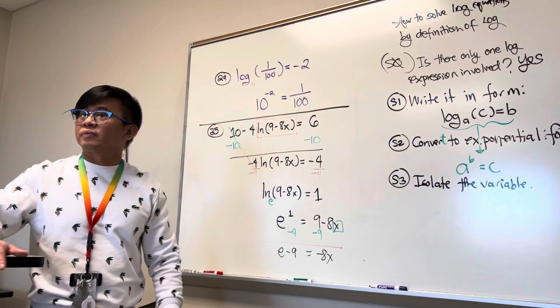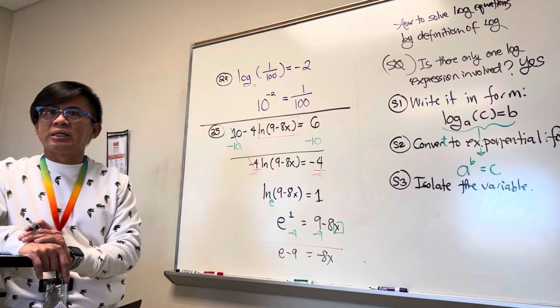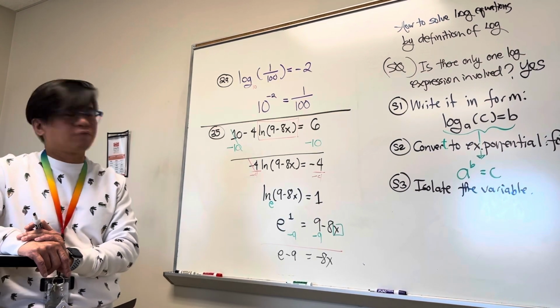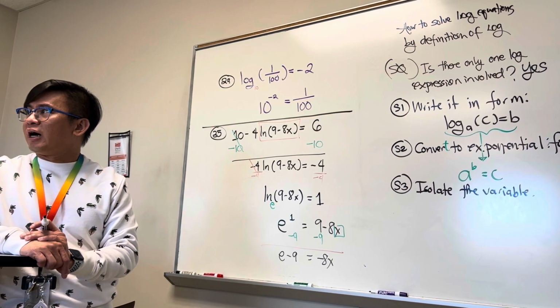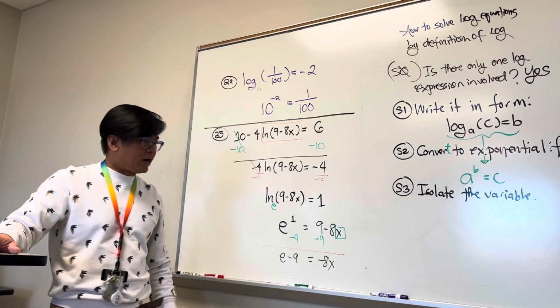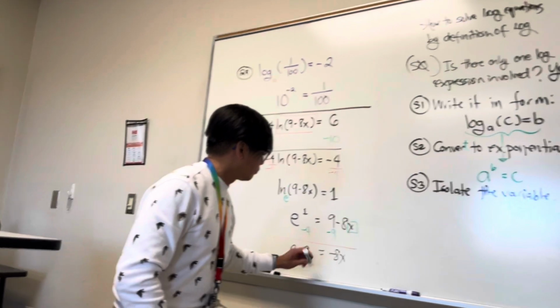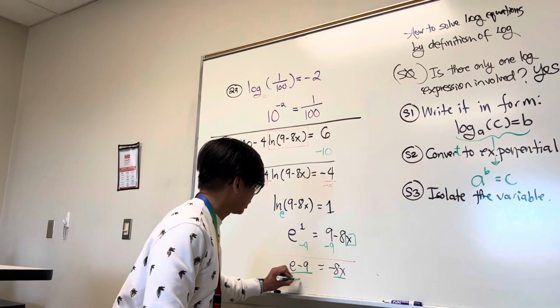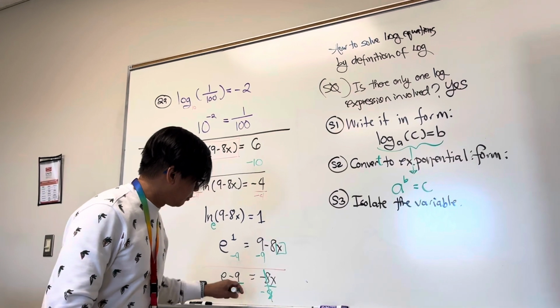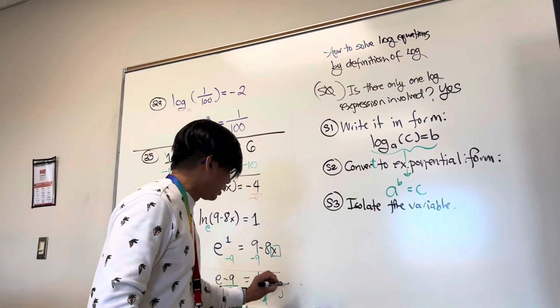Again, you just want x. What do you do then? Last step. Well, at least for step number 3, okay? Divide by negative 8. Divide both sides by negative 8. Perfect. So this is gonna be gone. So hence, you got now what?